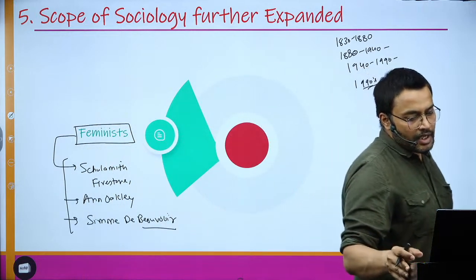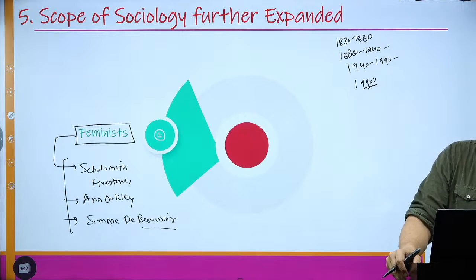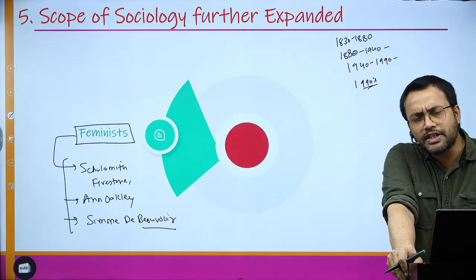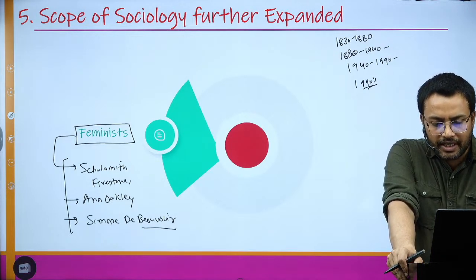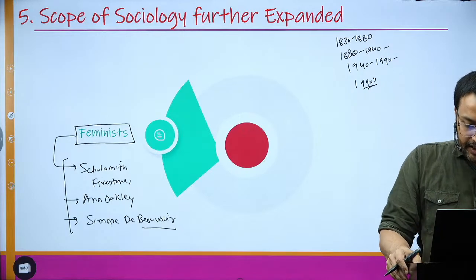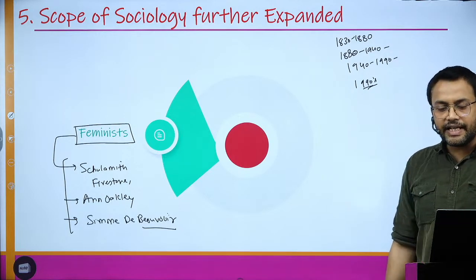Okay, why? What they were saying is that earlier the scholars were simply focusing upon studying the society. Now these feminists started talking about gender inequality.